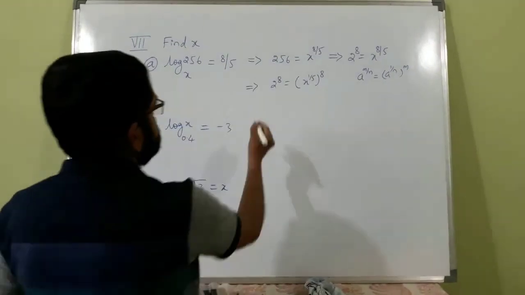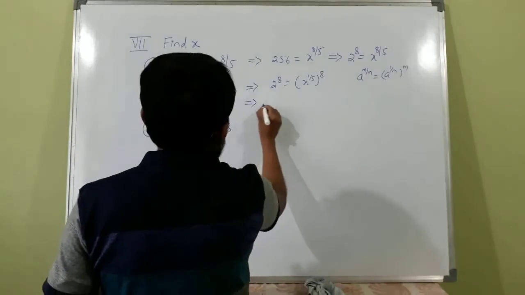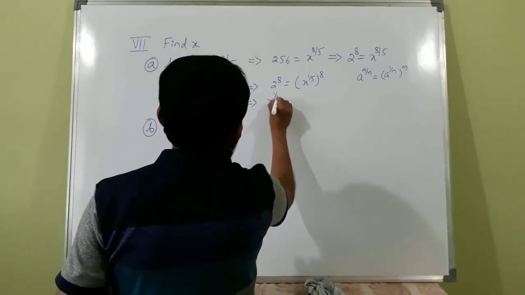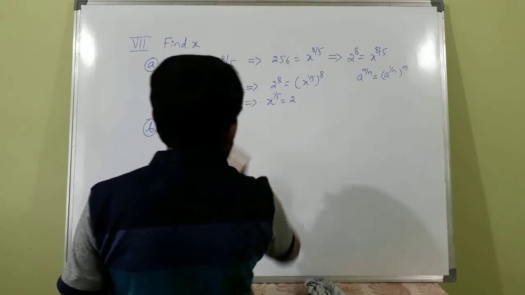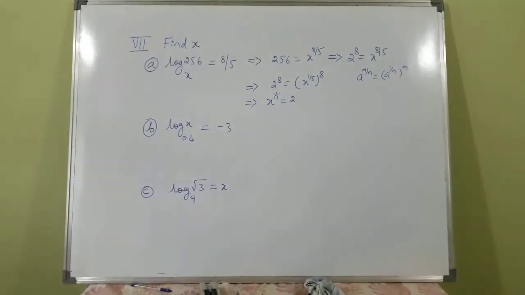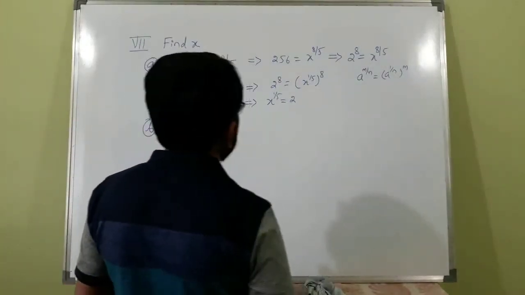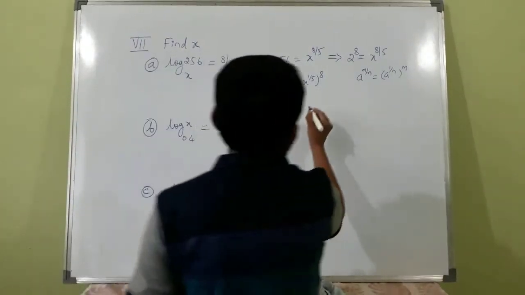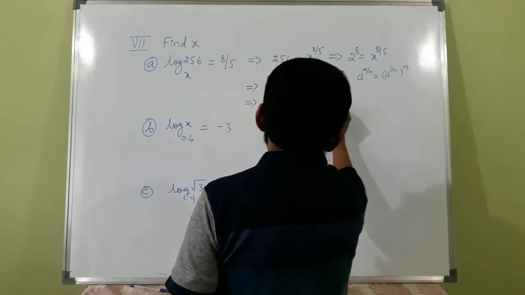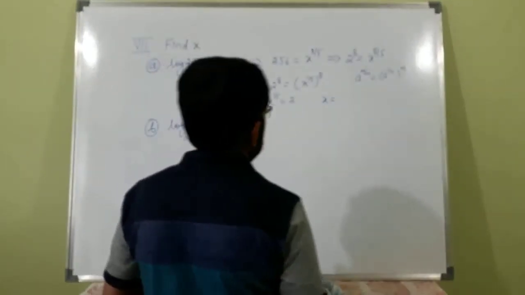This implies x to the power 1 by 5 is equal to 2.